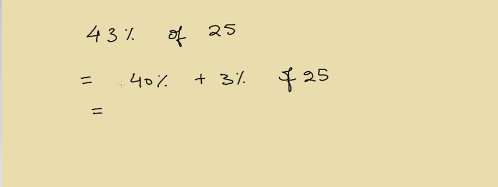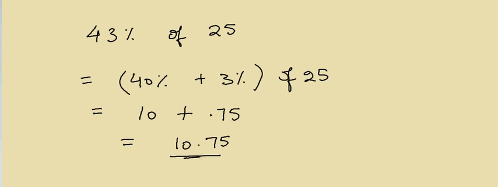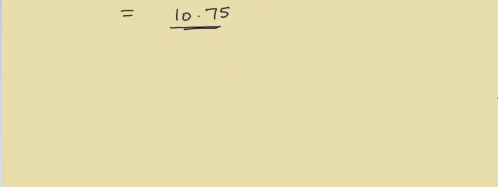So 40% of 25, 4 into 25, that is 10, and 3%, so 3 into 25, is 0.75. So the answer is 10.75. So this is how you work or imagine these numbers in your brain. If you practice, you should be able to do that quickly.